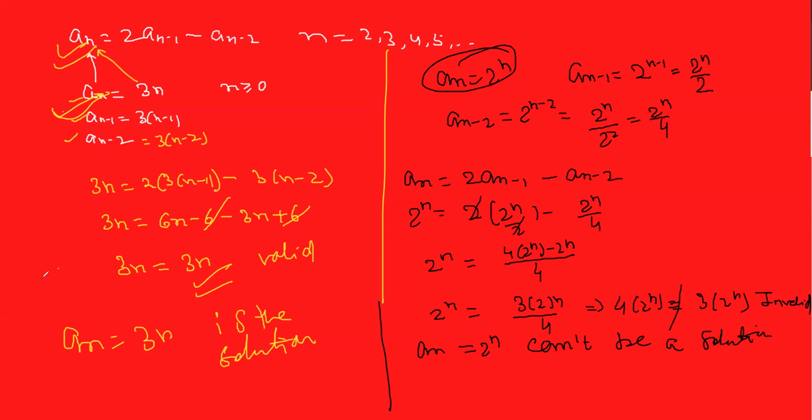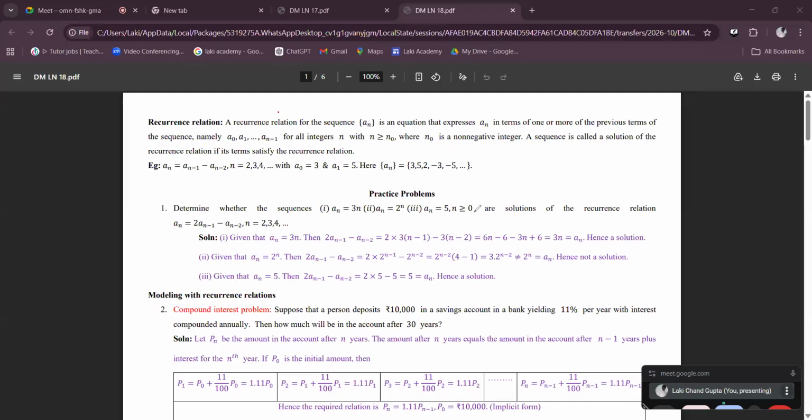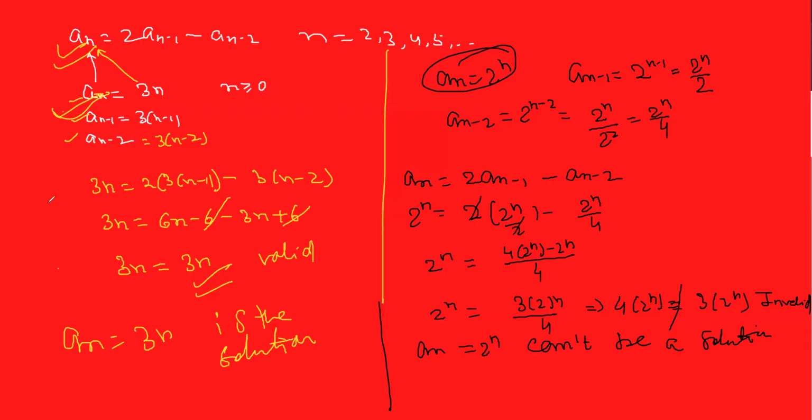Okay. Yes. A n is equal to 5. Let's try for the third option. A n is equal to what? First write this. I will tell the next one.